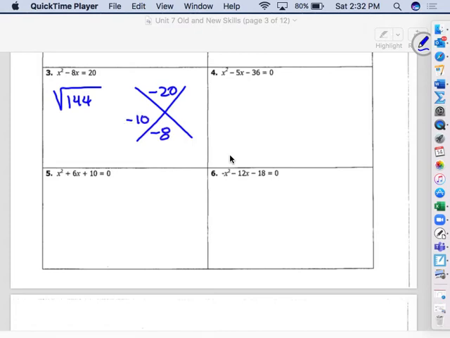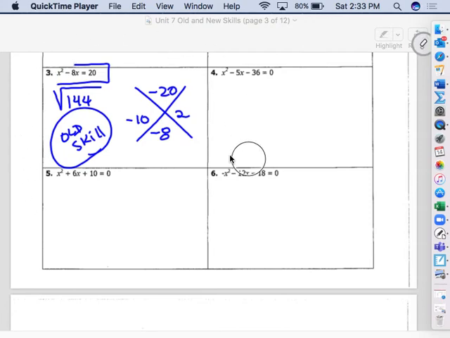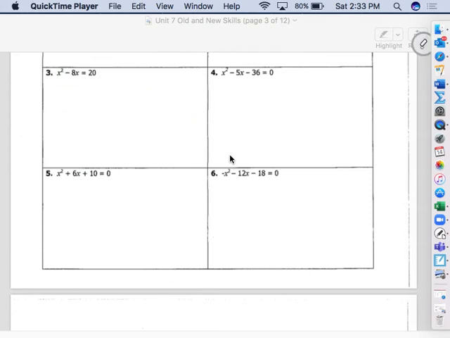So negative 10, positive 2. So this would be your old skill, and you now have a different way, or another option for finding the roots or solutions. But when you have the perfect square underneath the radical as you go through the quadratic formula, that's your cue that this was also a factorable quadratic using an old previous skill.